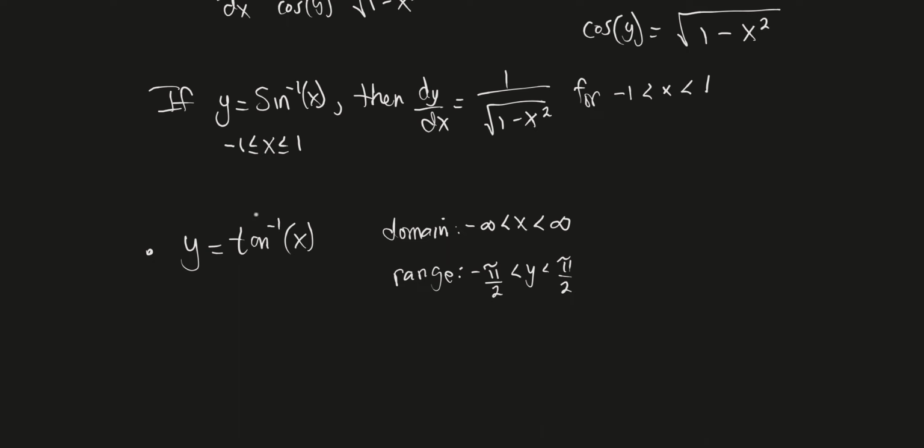And you might remember that arctangent has a pair of horizontal asymptotes. Here's the graph of the arctangent function, just the basic one. It has those horizontal asymptotes at positive pi over 2 and negative pi over 2, right?